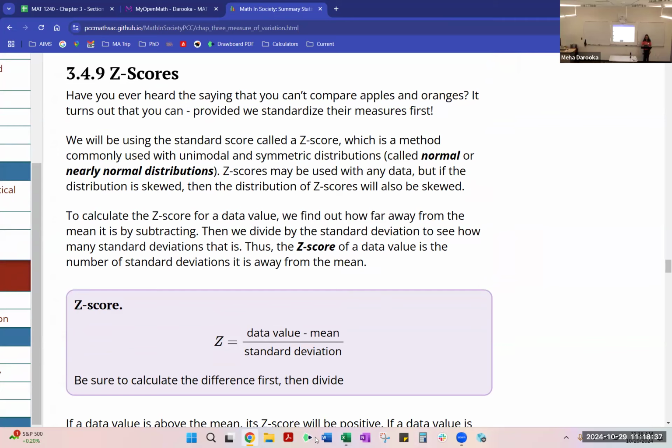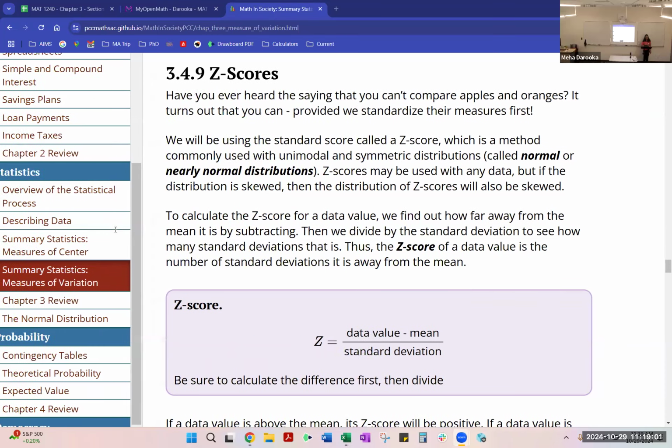Zoom, I'm seeing something pop up on chat. No questions for the z-scores from Samuel. Okay, did anybody else on Zoom or in the classroom have questions on this section? Because this was the last part from section 3.4. Don't want you guys to feel like I'm rushing you into the next section, but Maddie, no questions. Okay, no problem.